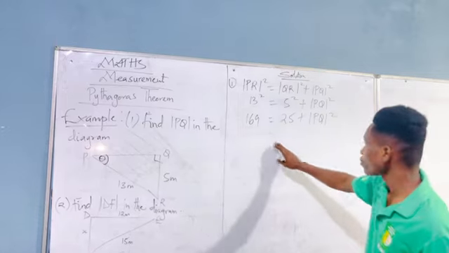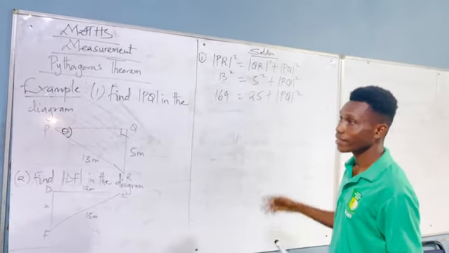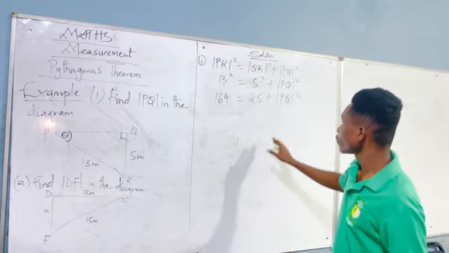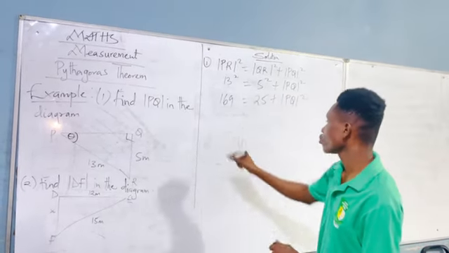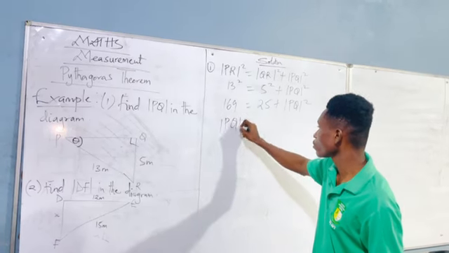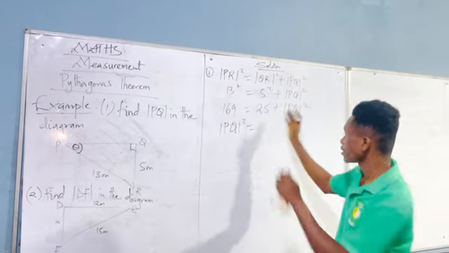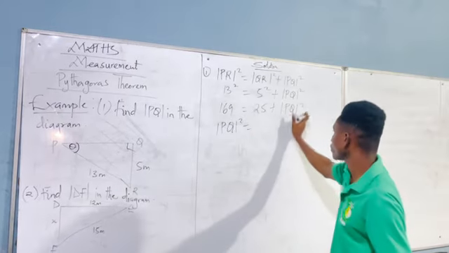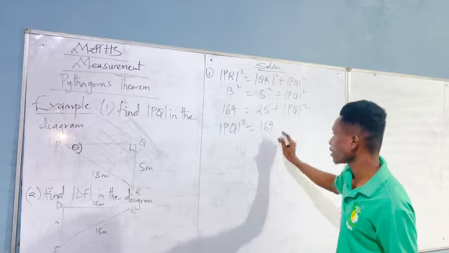Now we group like terms. Grouping like terms means that all the numbers go to one side and the variables come to one side. For the sake of time, I would want our line to be here. So we have line PQ squared, which is equal to, now if this one is here, it's like I've turned it like that. So this one I've come here. So our next value is 169.